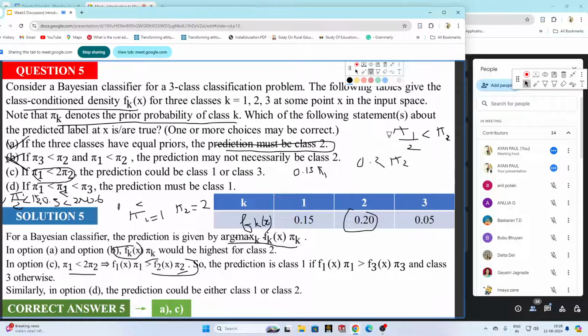If we multiply 0.15 here, so this is becoming 0.15 pi 1 is lesser than 0.3 pi 2.